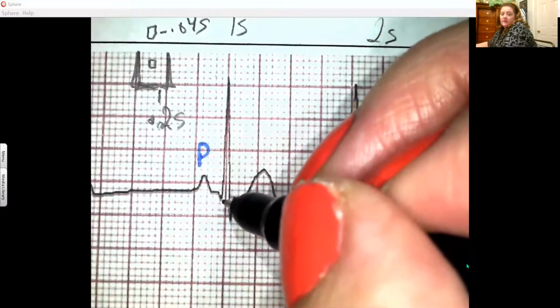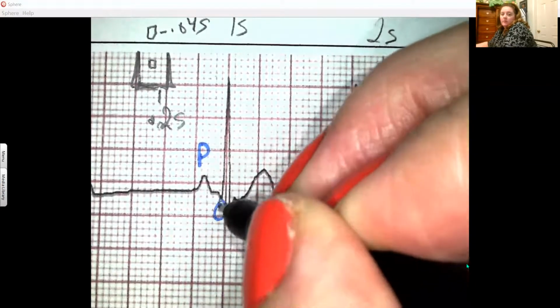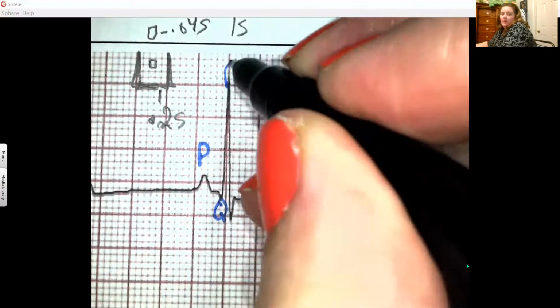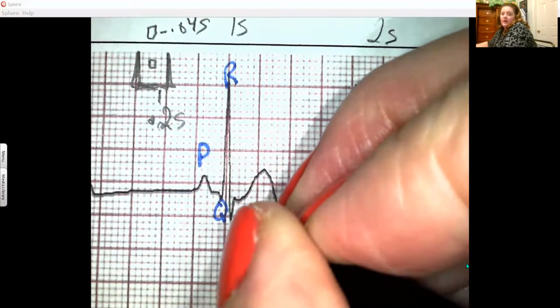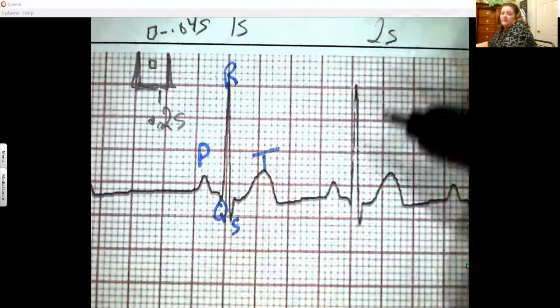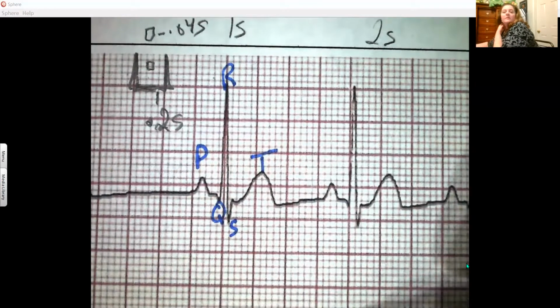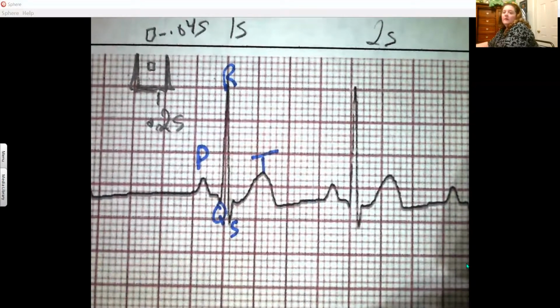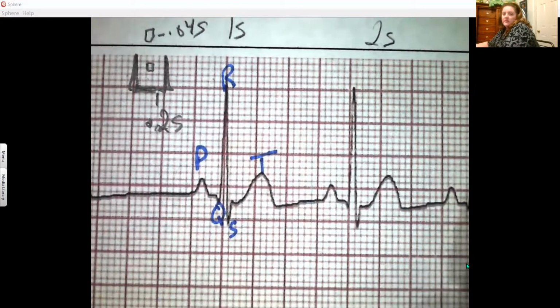Then we get this little dip. This is our Q. We have our R. We have our S for the QRS complex. And then we have the T wave over here. And again, he discussed several of those things in the video about ventricular depolarization and so on.